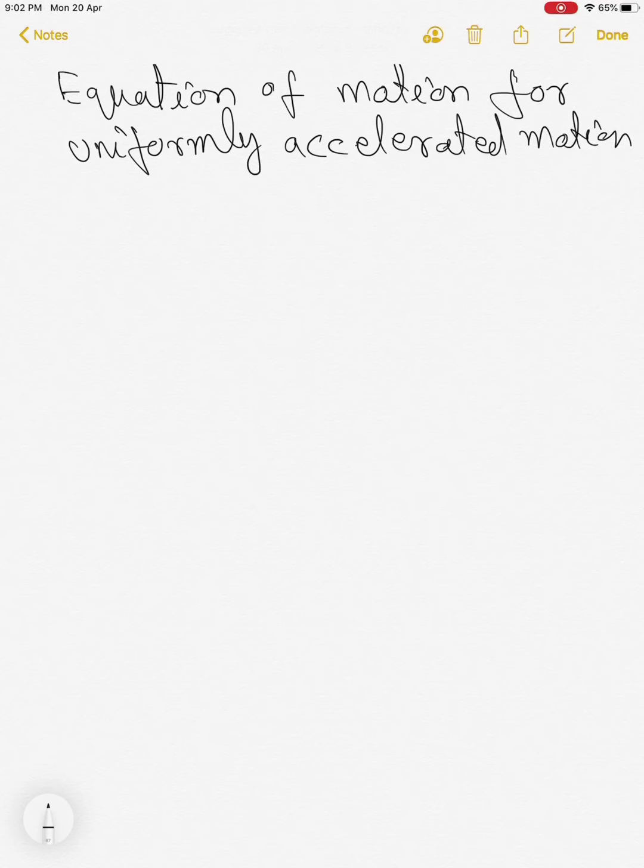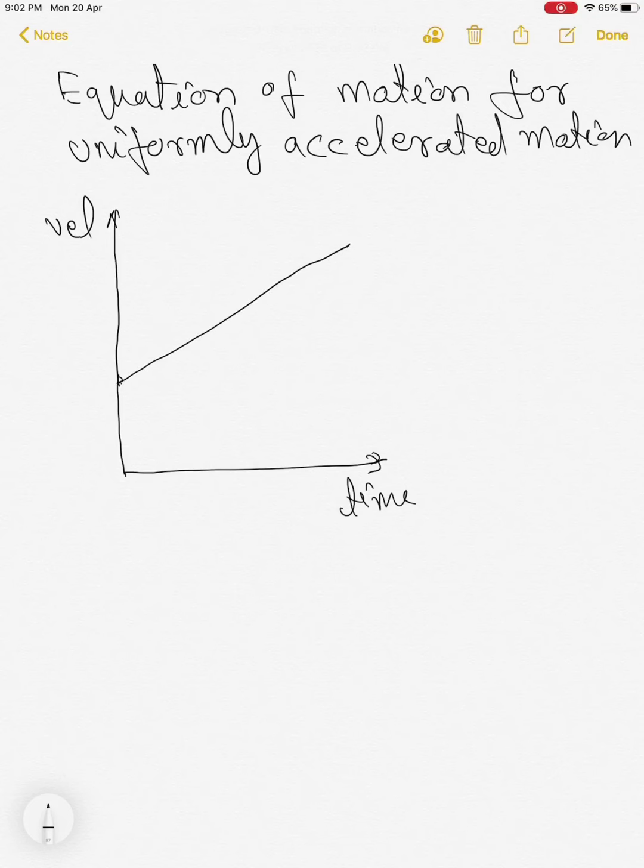Let there be a graph, that velocity time graph. Its initial speed is u, and after time t its speed becomes v.